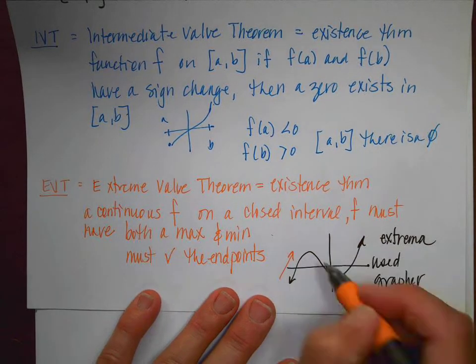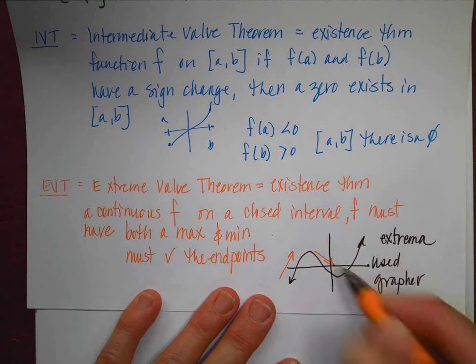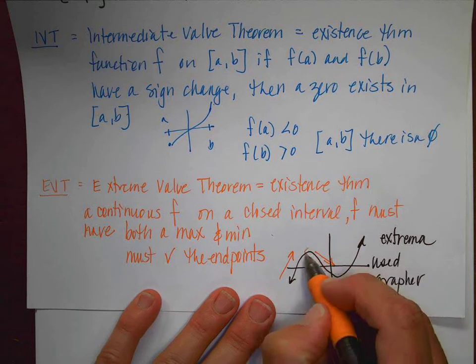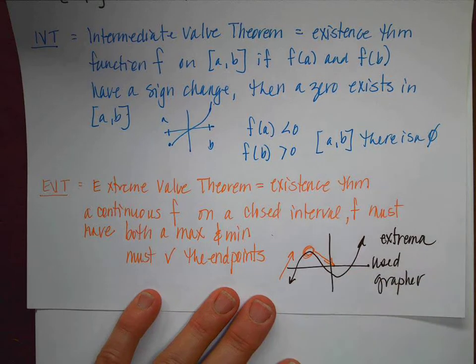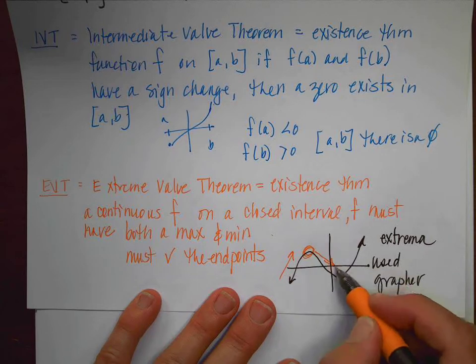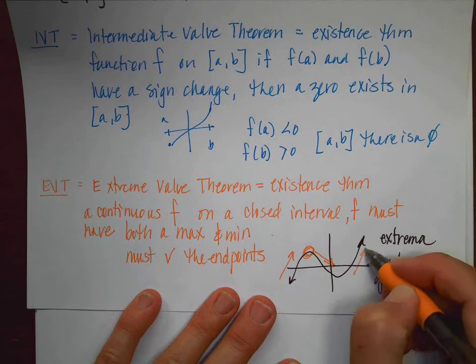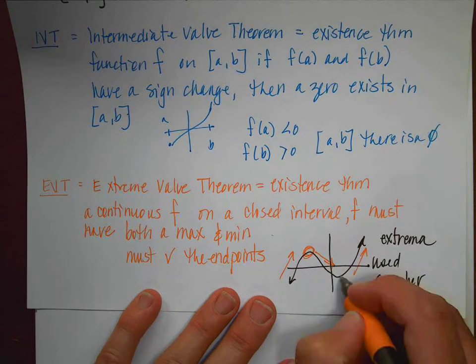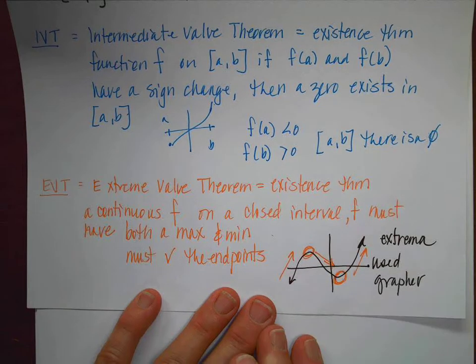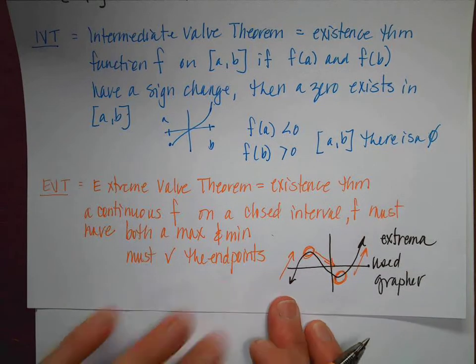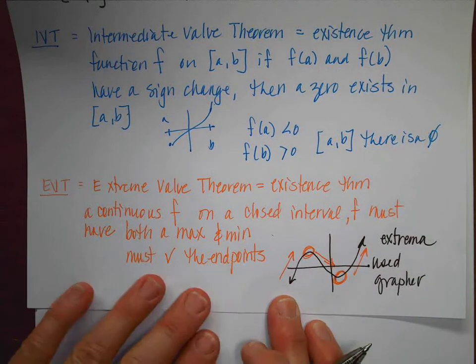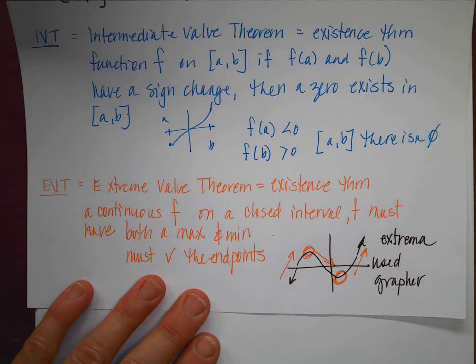Let's say I have a slope that's increasing and then a slope that's decreasing. The point where that changes is going to be an extrema. Same thing over here: a decreasing slope turns into an increasing slope, and that is also an extrema because it is where the slope changes.